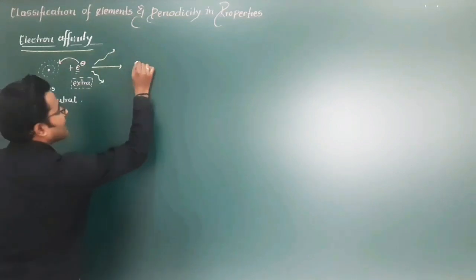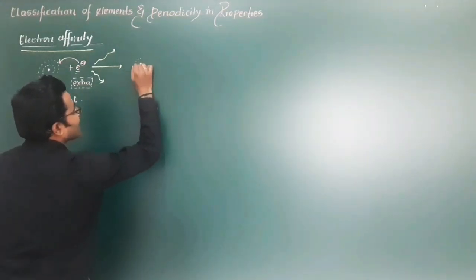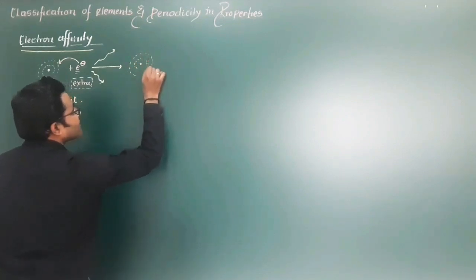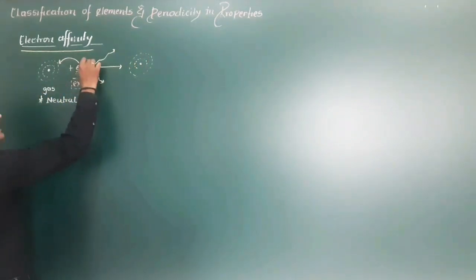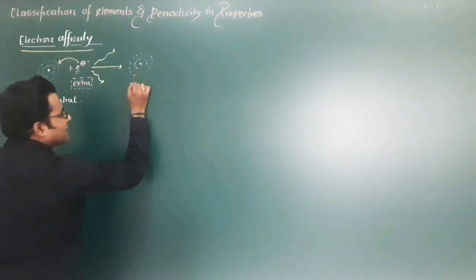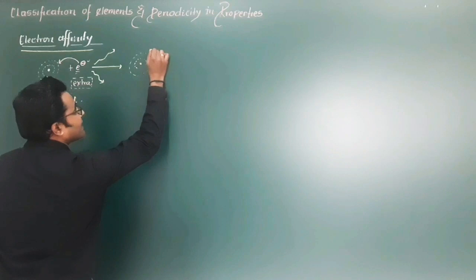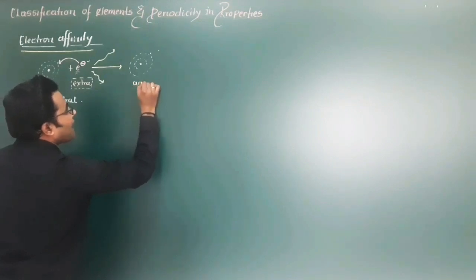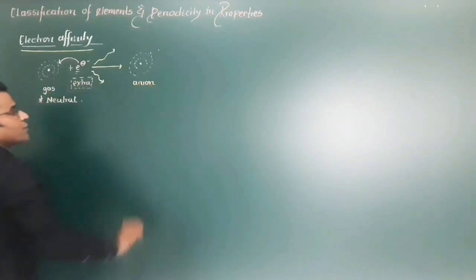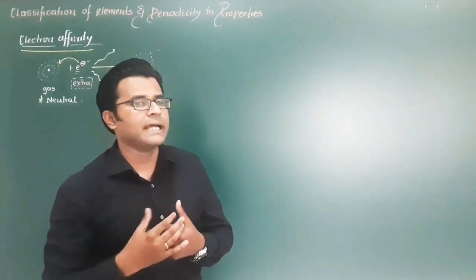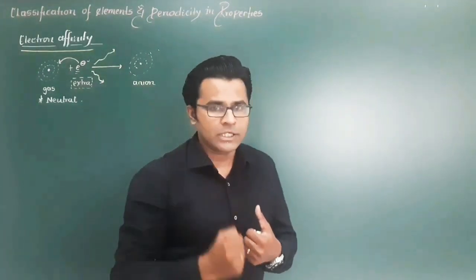Of course, this atom is now going to have a negative charge because we are adding an extra electron to it. This atom will carry a negative charge along with it, and therefore we call it an anion. An ion is a species which has an extra number of electrons, or extra negative charge.